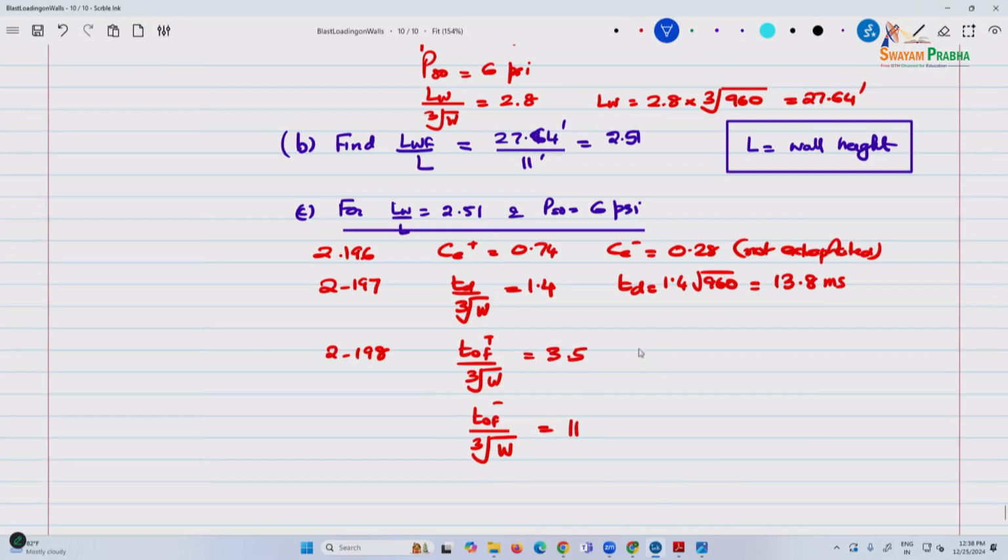So help me with this. TOF plus is 3.5 cube root of 960. TOF negative is 11.